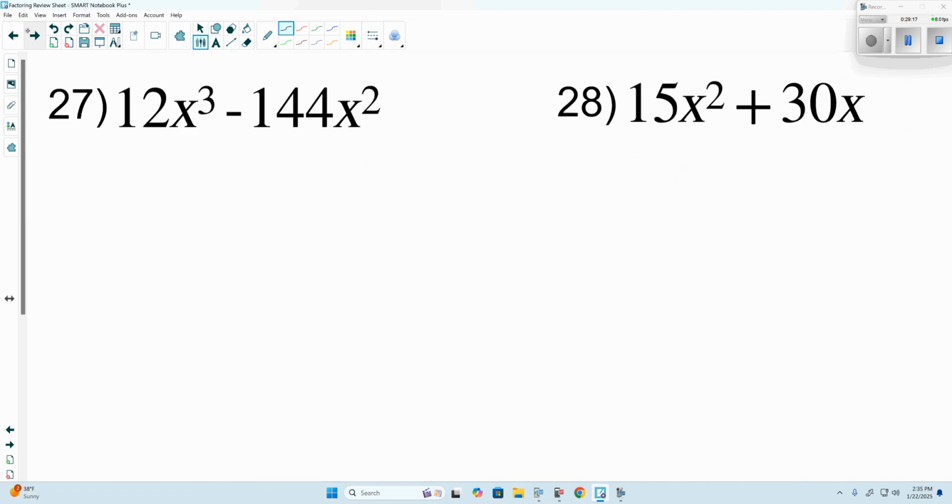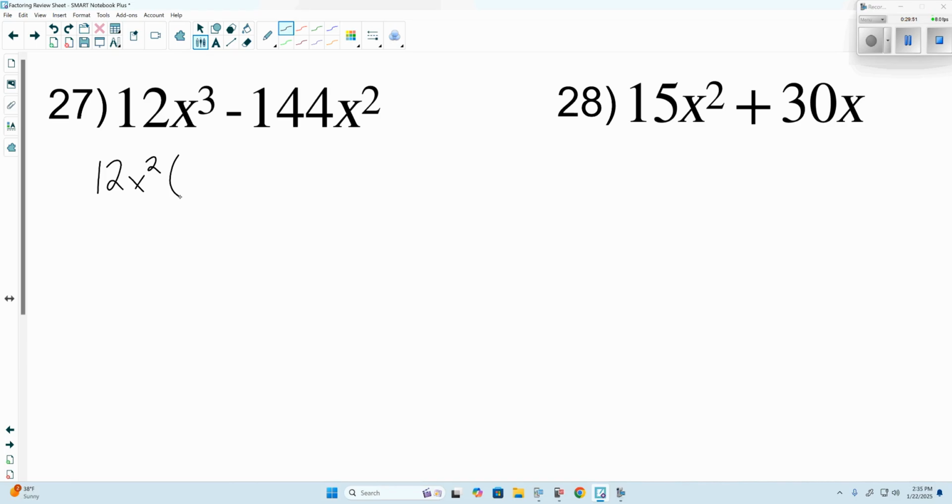All right. Questions on 27 or 28? So the 3 we just skipped. Yep. 27. Is there a greatest common factor between these two terms? 12x squared. 12 goes into both, and both of them do have the variable x squared.